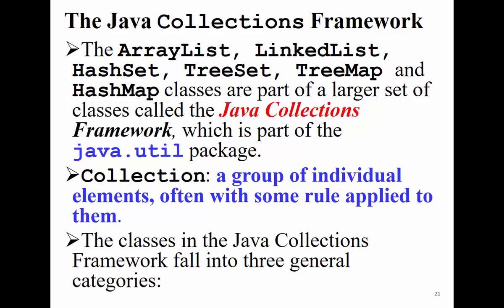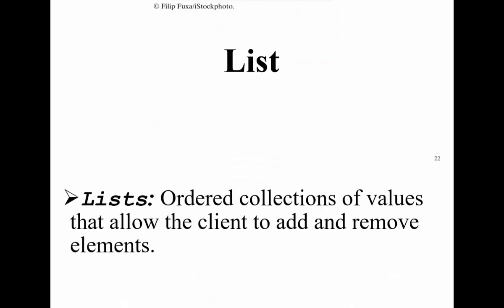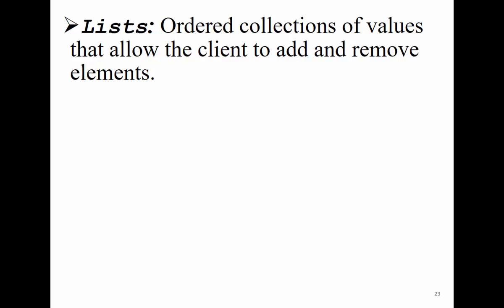The classes in the Java collection framework fall in three categories. Whenever you want to discuss the collections, as a top view, you look at the three categories. The first category is the list, where you are interested in the order. So you list things based on time, first come, first served, for example, and the order inside this list is important. So a list is an ordered collection of values that allows the client to add and remove elements.